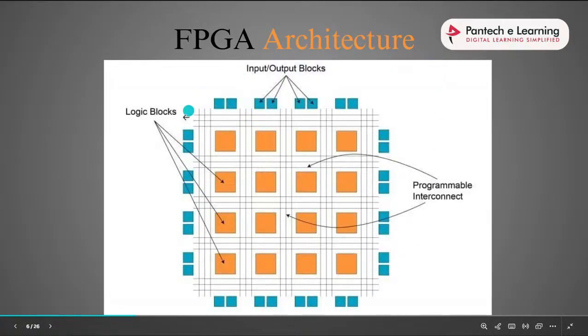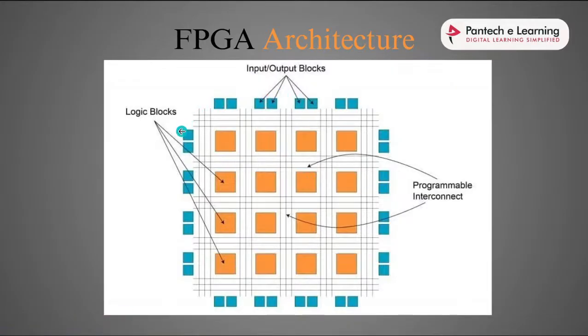Outside of the chip we have the IO pins, which are like physical pins. Each and every IO pin we can use to give inputs and outputs to the FPGA.